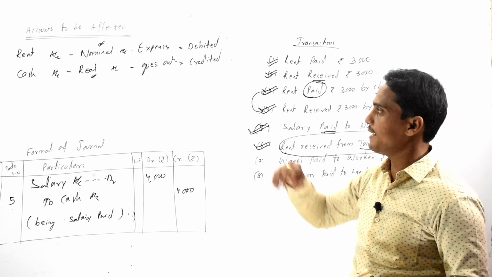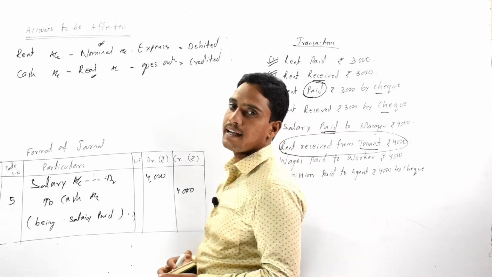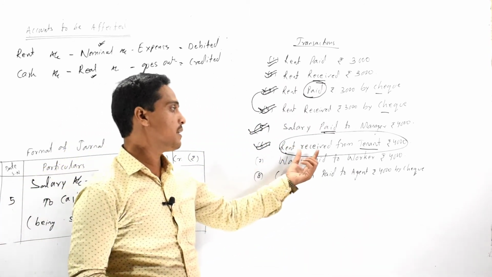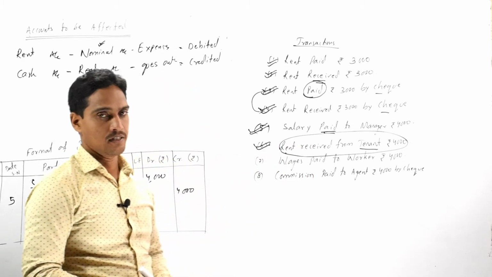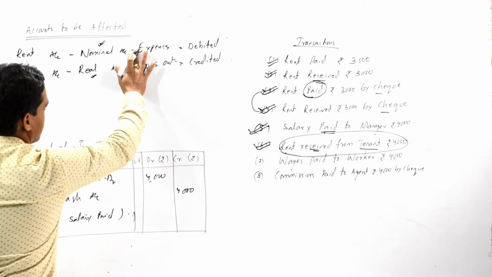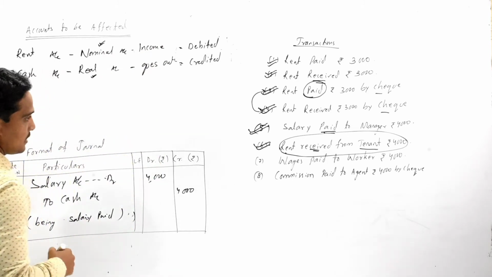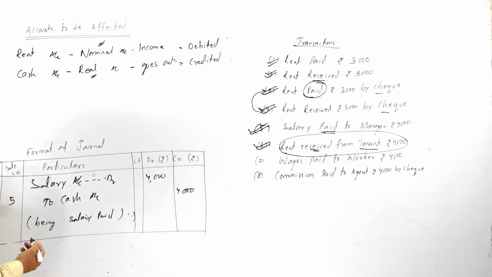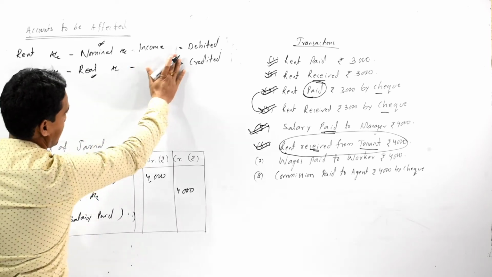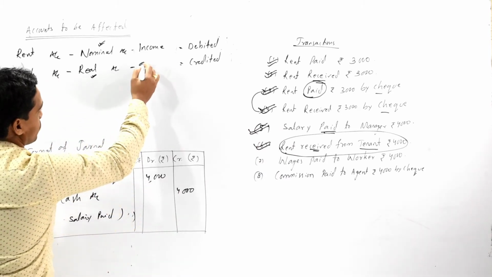Now we have to identify what is the nature of our rent account and cash account in the given transaction. As we are receiving the rent, it is an income for the organization or the individual who is receiving the rent, and as the cash is received, it comes in.